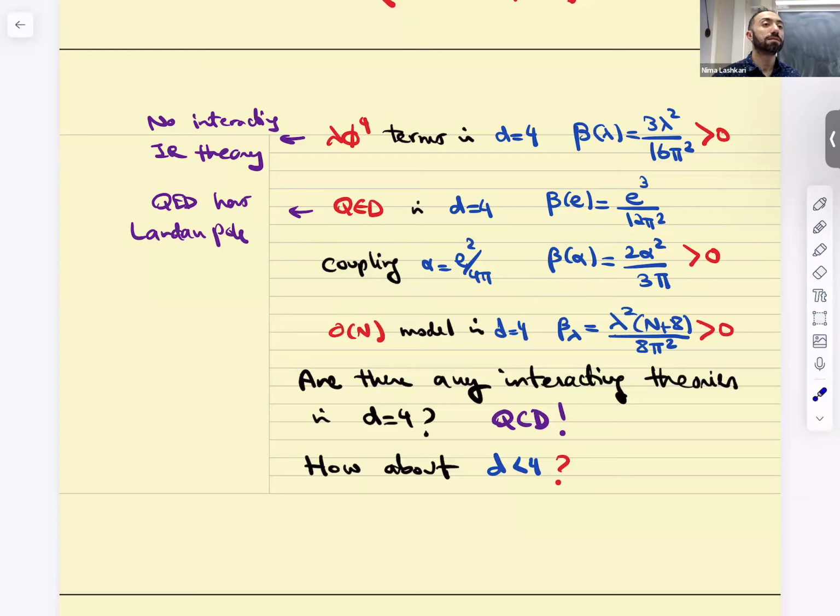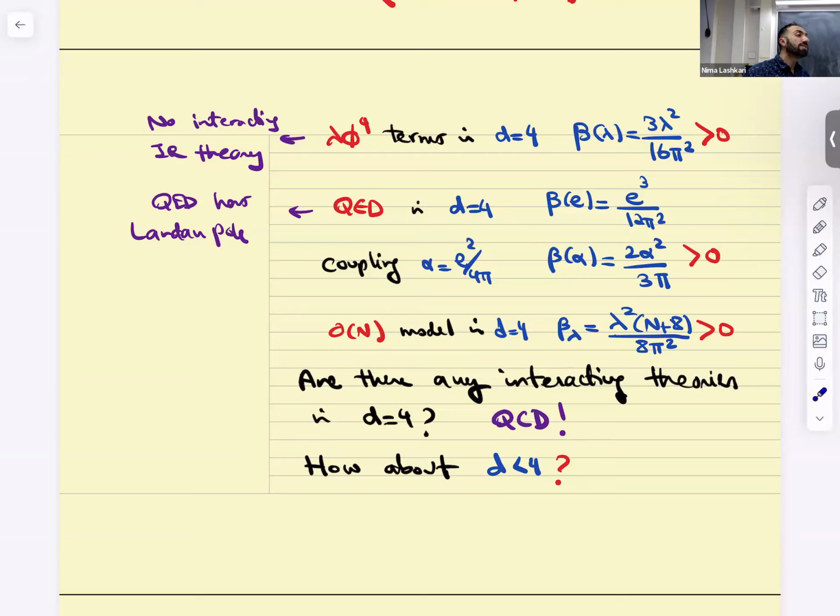What does that mean? How is it that we're still calculating QED diagrams using QED to predict things? Is it because in our range of energy scales things don't go bad? Well, it's an effective field theory.